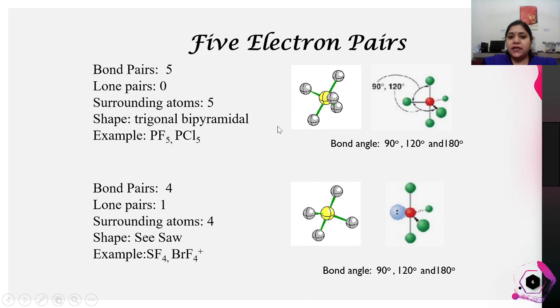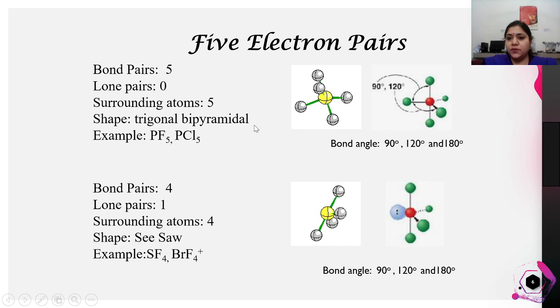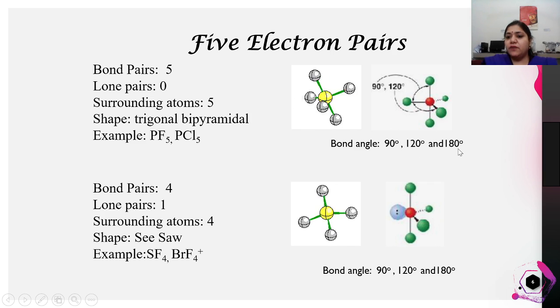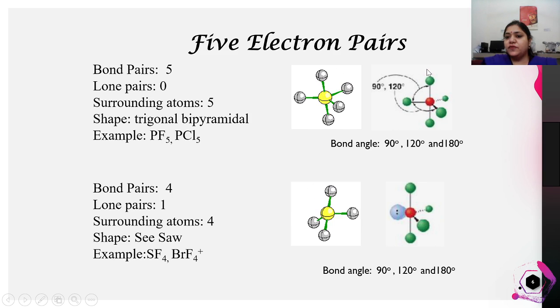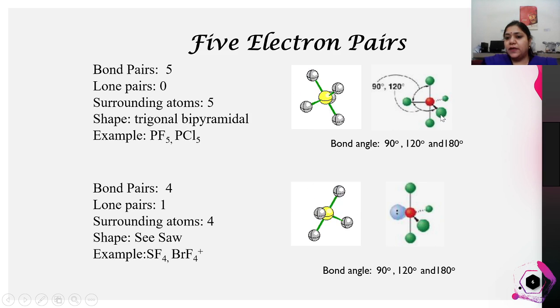Then if there are 5 electron pairs, and all 5 electron pairs are bond pairs, in that case a regular trigonal bipyramidal geometry is formed and the bond angles are 90 degrees, 120 degrees and 180 degrees. There are different types because these 3 are in one plane and these 2 are in other positions, one above the plane and one below the plane.